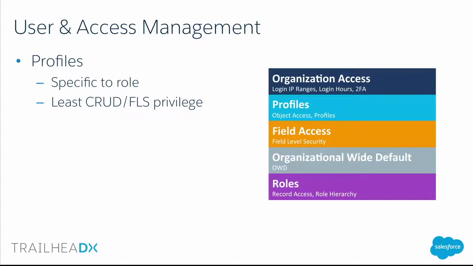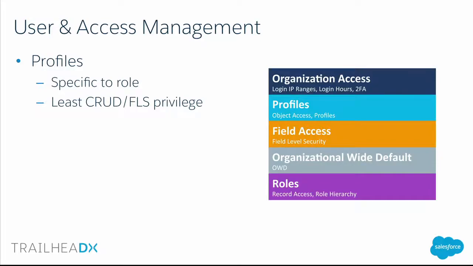The salespeople generally shouldn't have access to the financial records. So as an admin, we want to break those down into two separate profiles. We don't want to lump them on a single profile. The sales profile only has CRUD and FLS permissions on the sales objects, and doesn't have any CRUD and FLS permissions on the finance objects.